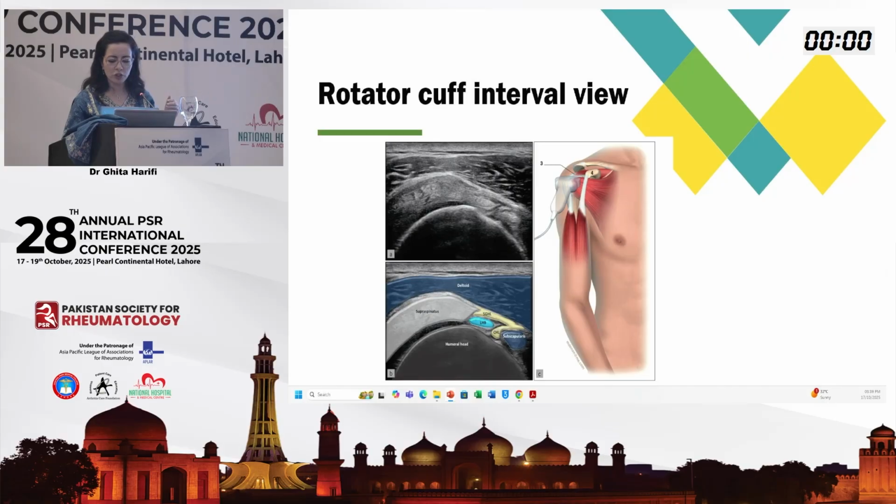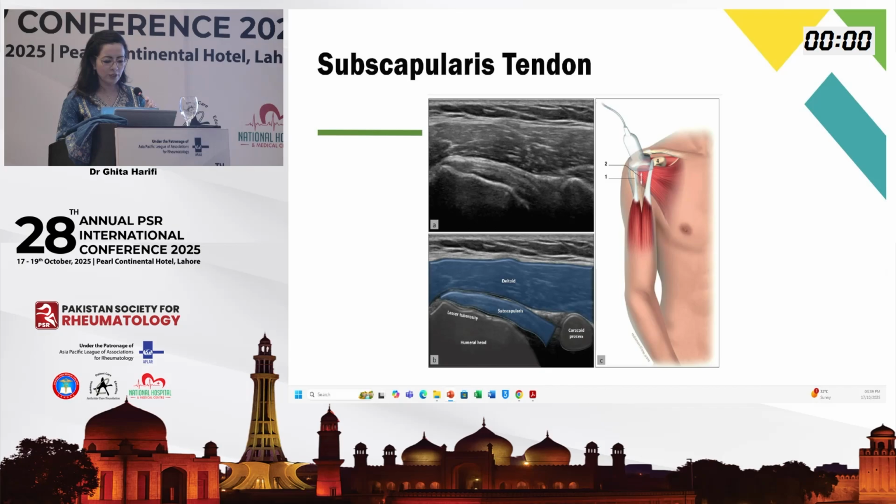I would like just to mention it quickly. So this is basically the space through which the long head of biceps passes as it leaves the glenohumeral joint. It's called rotator cuff interval, and it's basically a view that allows you to see the supraspinatus, the long head of biceps, and the subscapularis with two ligaments in here. Okay, so we can see that also in the stations.